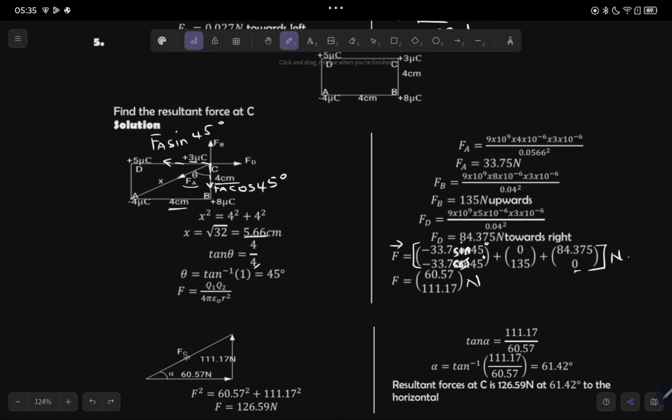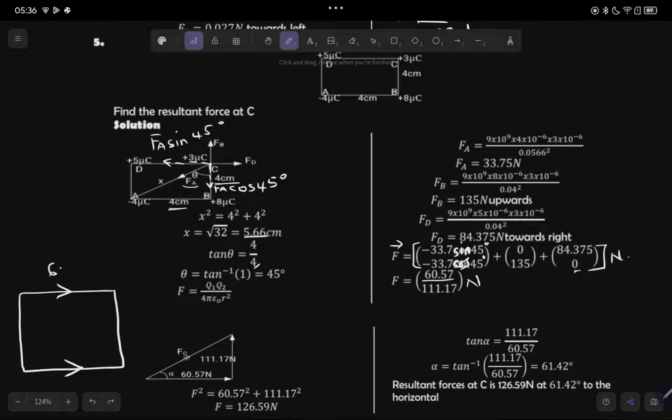Sometimes I always encourage students, in case it might disturb them changing directions, to always begin with a rectangle. After getting your rectangle, you look at your Fx, the horizontal force. 60.57 means towards the right as it is positive, so both sides which are horizontal, you make them positive.